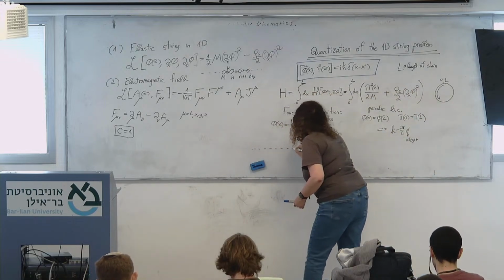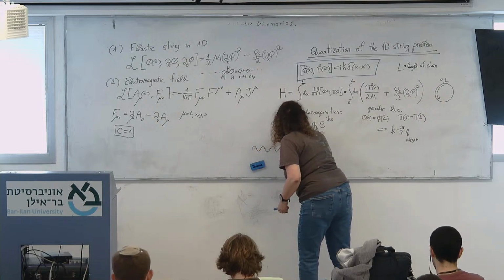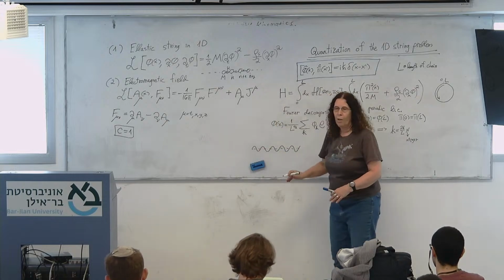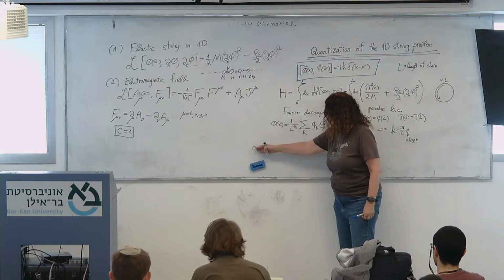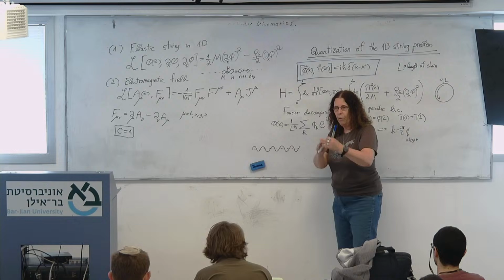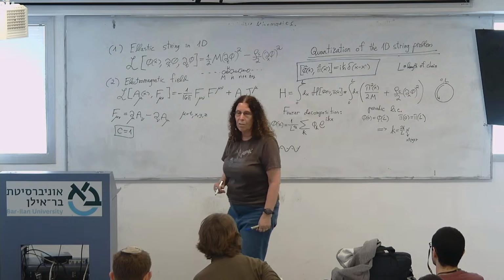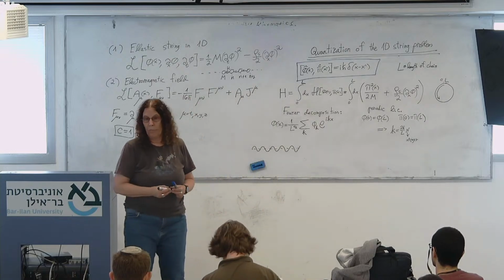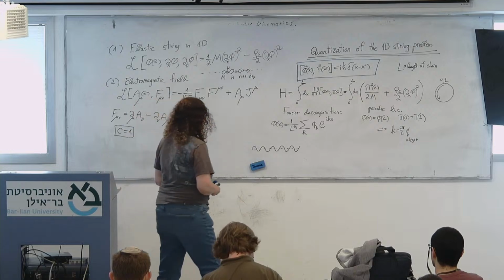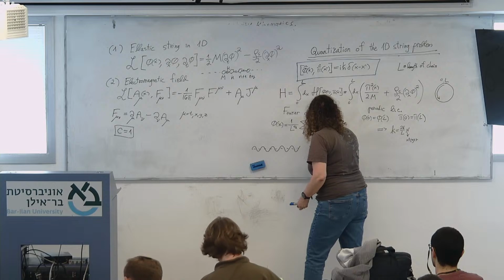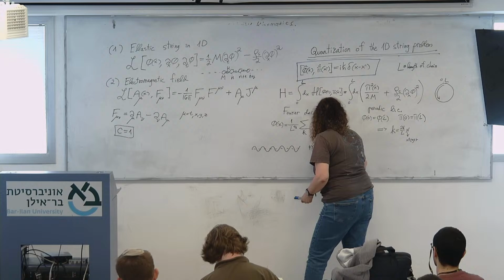If this is the equilibrium position of the string, then a mode is an oscillation where all the particles, or almost all of them, deviate from their position such that they create some sinusoidal disturbance. So each mode has a different wavelength. Let me call this mode number 1.